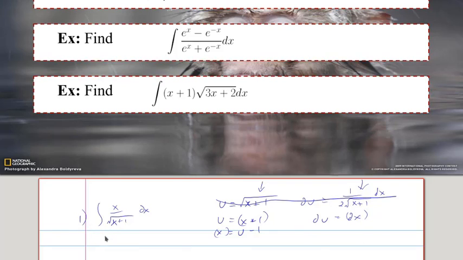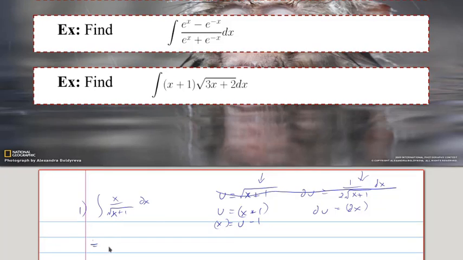So now we have all the pieces we need to substitute. We've got an x plus 1, we've got an x, and we've got a dx. All right, let's plug it in then and see what we get. So we're integrating u minus 1 over square root of u du.